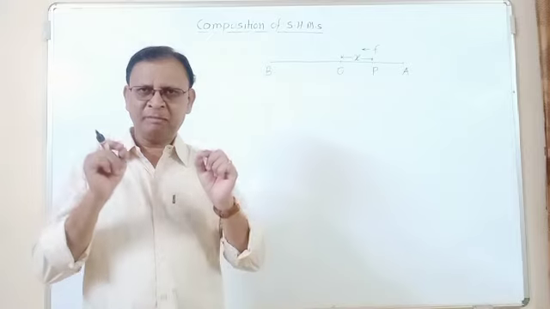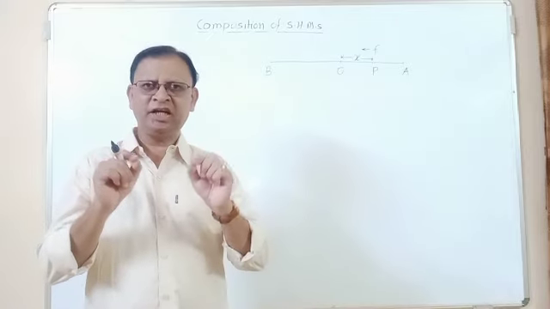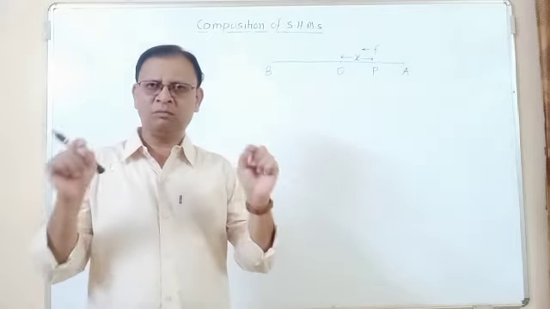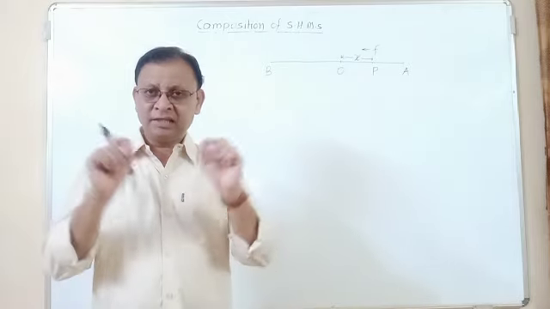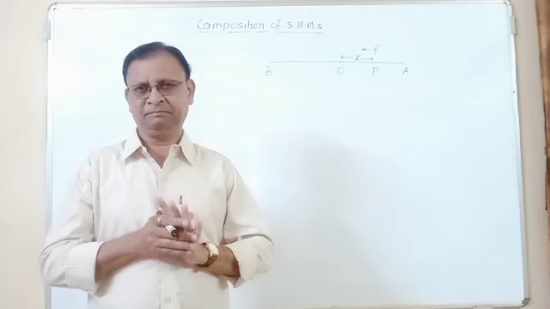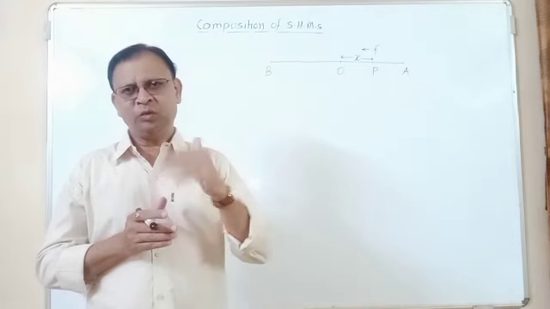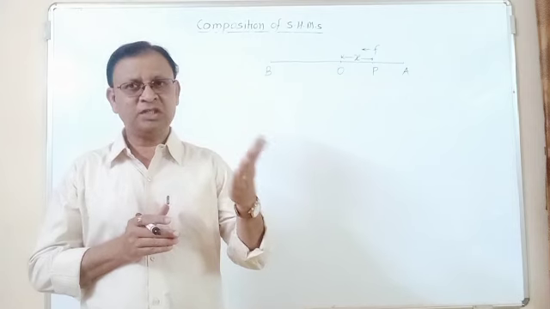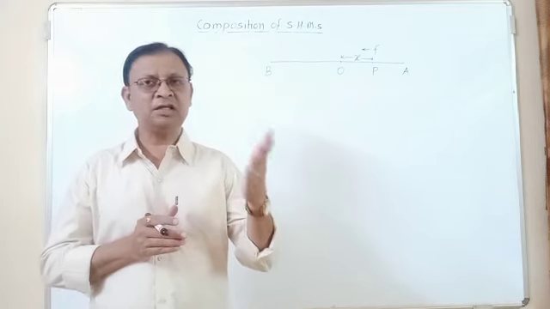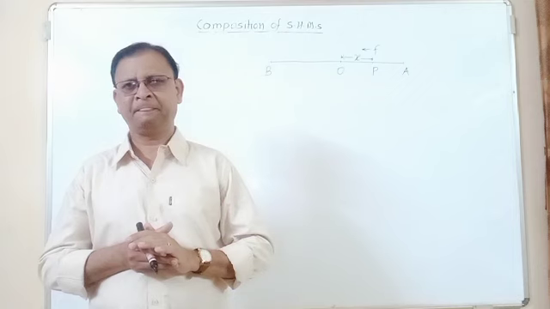Whenever a single particle is subjected to two or more simple harmonic motion at the same time or simultaneously, then what will be the motion of that particle which is subjected to different simple harmonic motions?